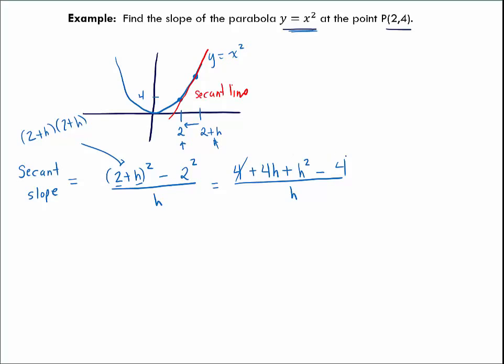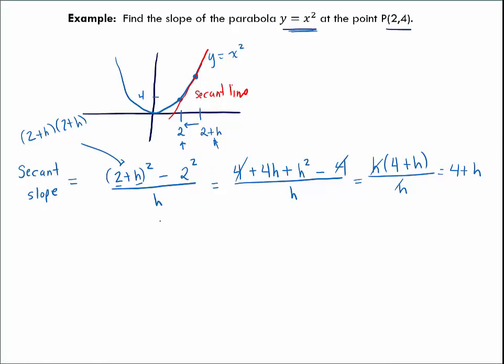You can see those cancel, and I can even factor out an h out front to get 4 plus h all over h. My h's cancel, so I end up with this 4 plus h.